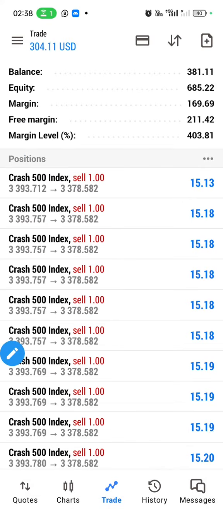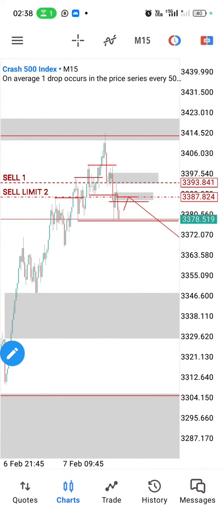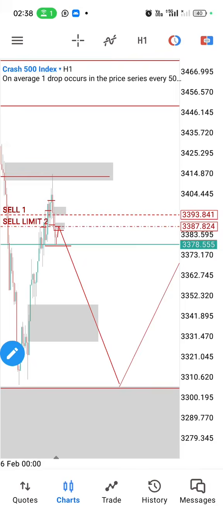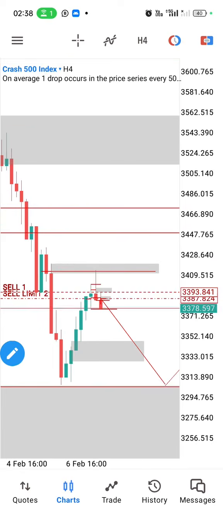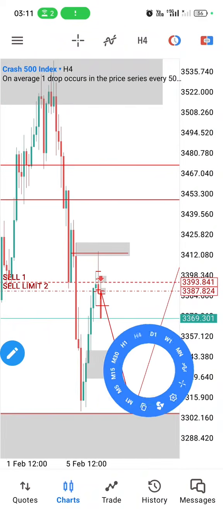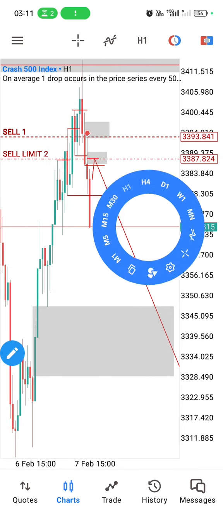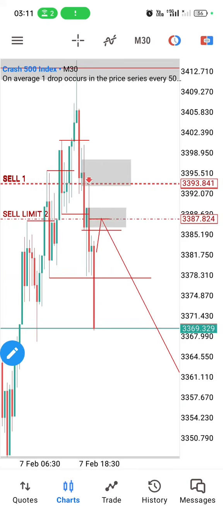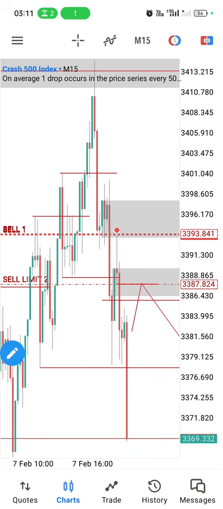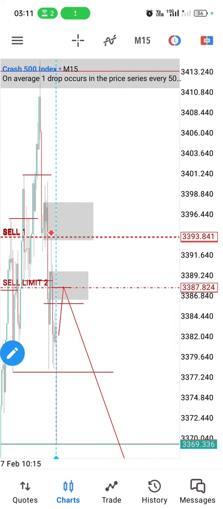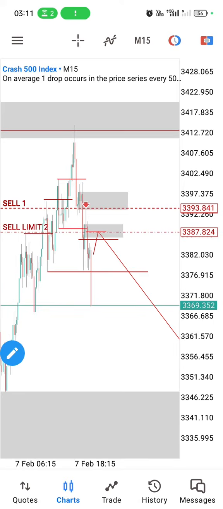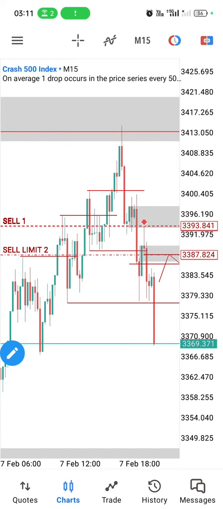And I did not even max out initially. That's why I wanted a re-entry. I didn't max out, I didn't go hard on it. So yeah, I missed out on a larger amount of money. Afterwards you can see it kept on spiking down. It did not return to our sell limits, the second entry or the re-entry, and it just kept on spiking down.